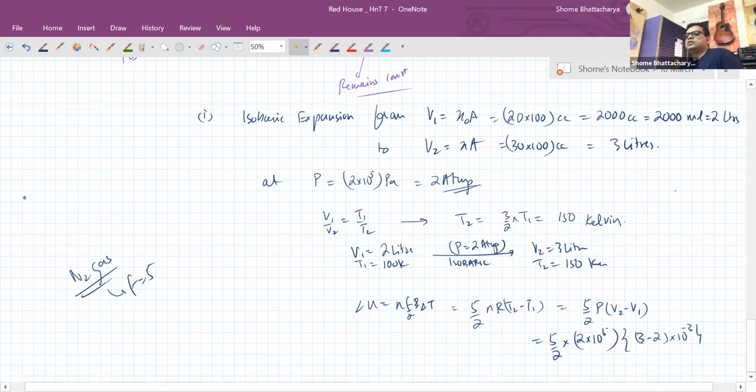So remember 1 liter is 1000 cc, which is 10 raised power minus 3 meter cube. So this is in pascals, this is in meter cube. So this is becoming how much now? This is becoming, I think, 100 joules, right?